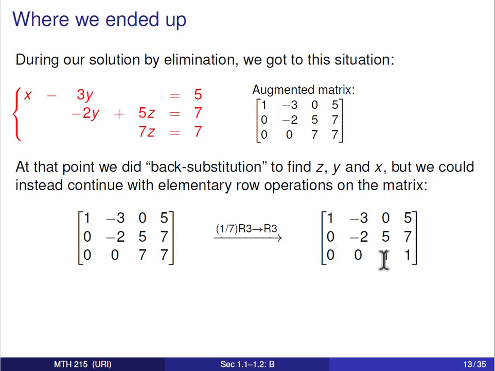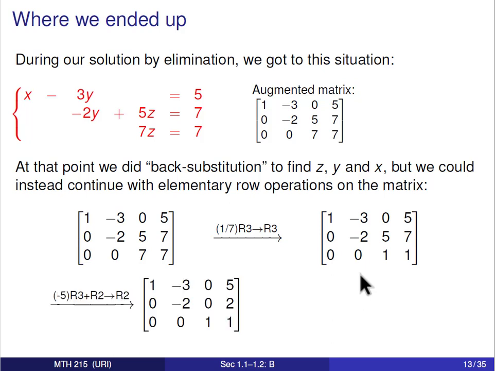Now, if you remember what these coefficients stand for, 1 is the coefficient on z, and 1 is the right-hand side. So this row corresponds to the equation z is equal to 1. We get the same information as before, thinking of it not as dividing by 7, but rather as scaling that third row.